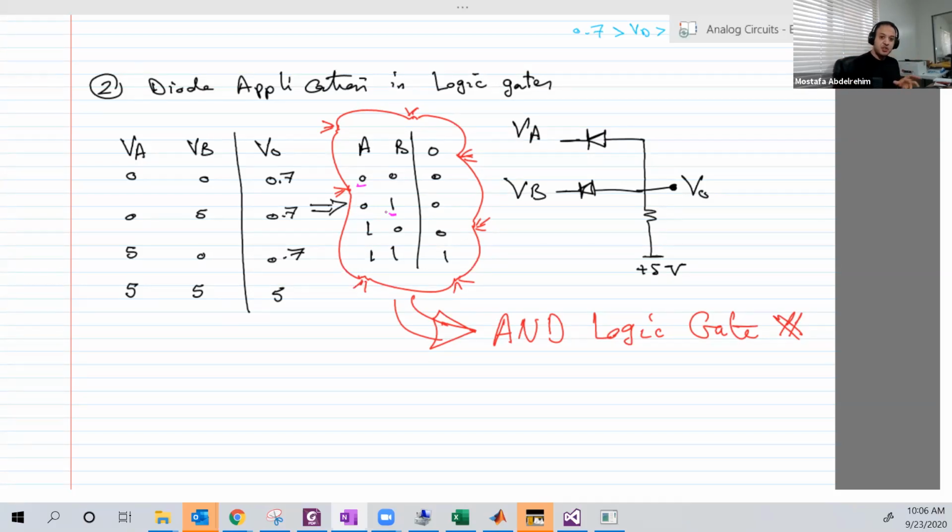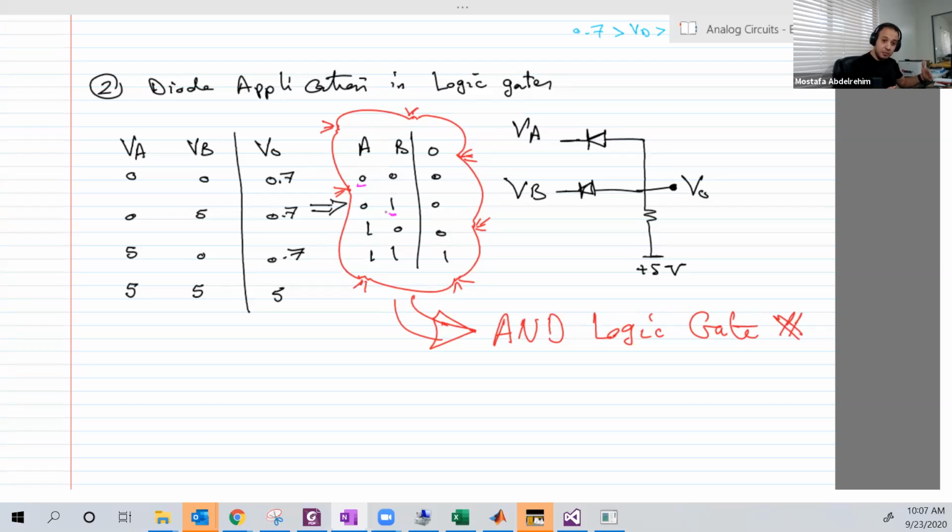So if we change VA and VB between 0 and 5, we'll have 4 combinations: 0, 0, 0, 1, 1, 0, 1, 1. Or as voltages, 0 0, 0 5, 5 0, 5 5. And again, a high voltage is usually represented by the symbol 1.